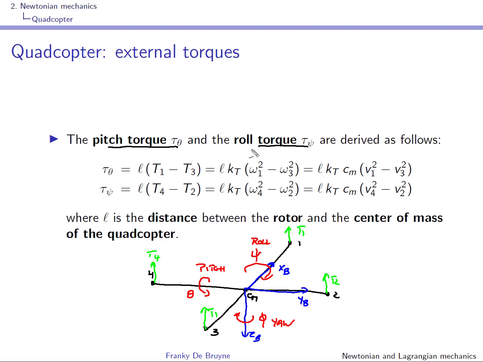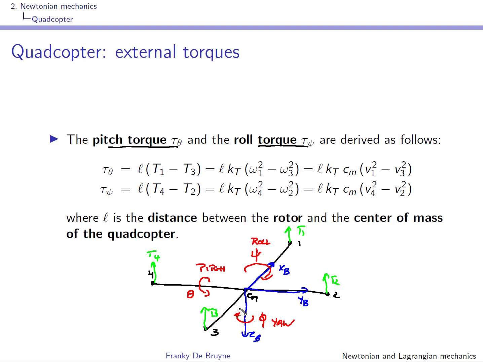Well, you have a pitch torque, and it will be positive if rotor 1 is producing a thrust that is higher than that of 3. So here it should be not T1 of course, but it should be T3, right?